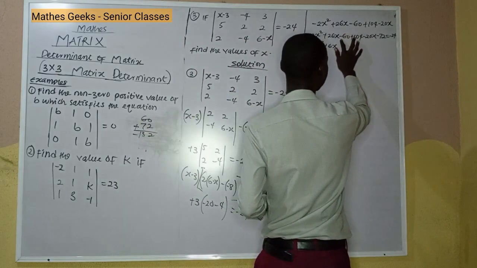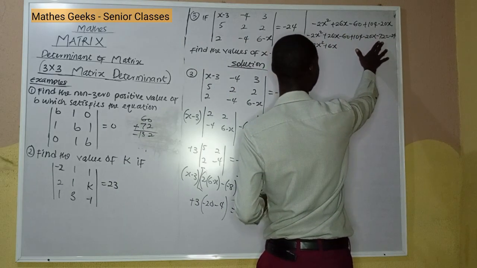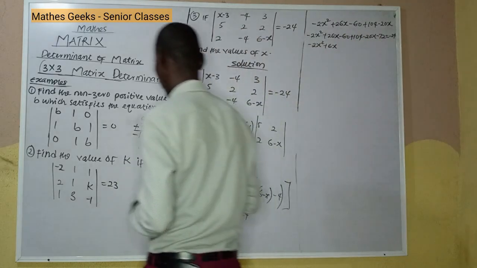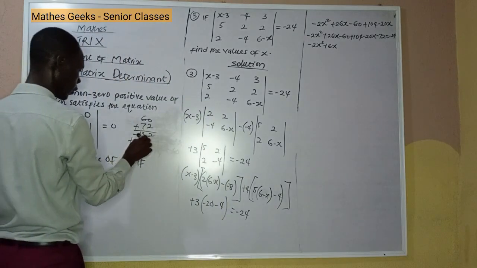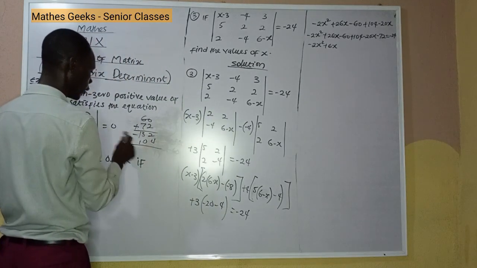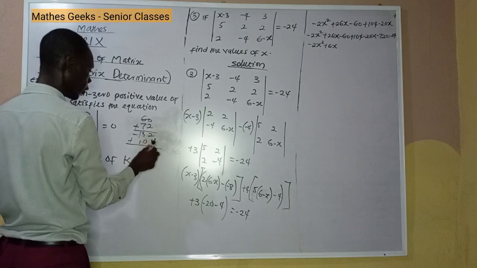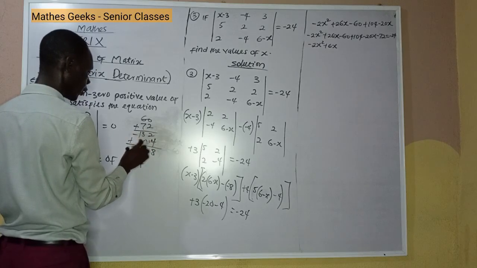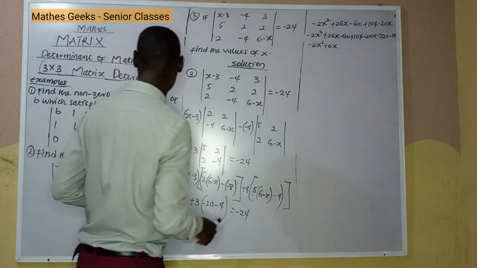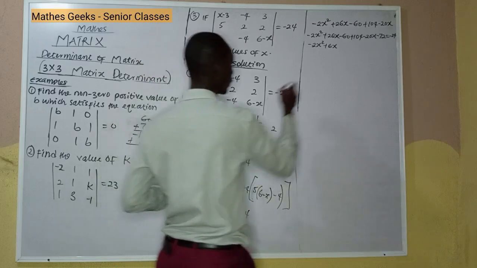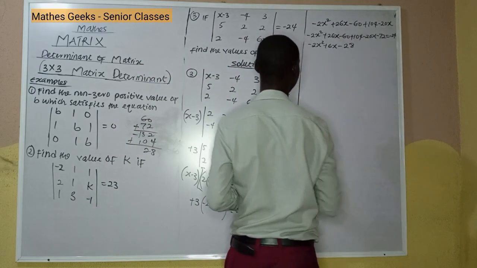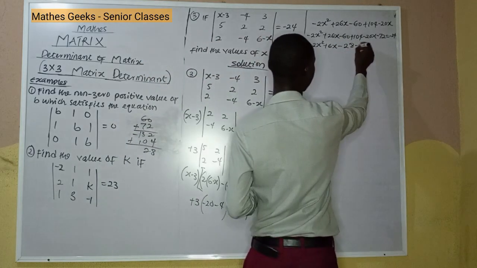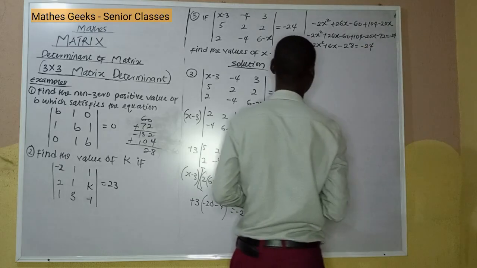So minus 60 minus 72 is minus 132, plus 104. When the signs are different, you subtract. 132 minus 104 is 28. So minus 28. Minus 28 equals minus 24.